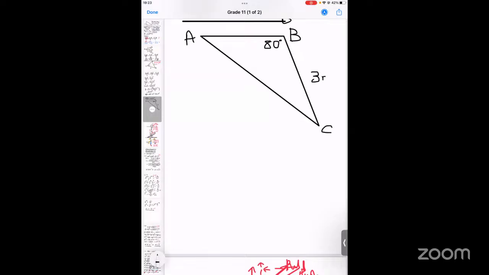Maybe this is 3 meters. Maybe that is 2 meters. And then question number 1 says, find, wait, let me see.